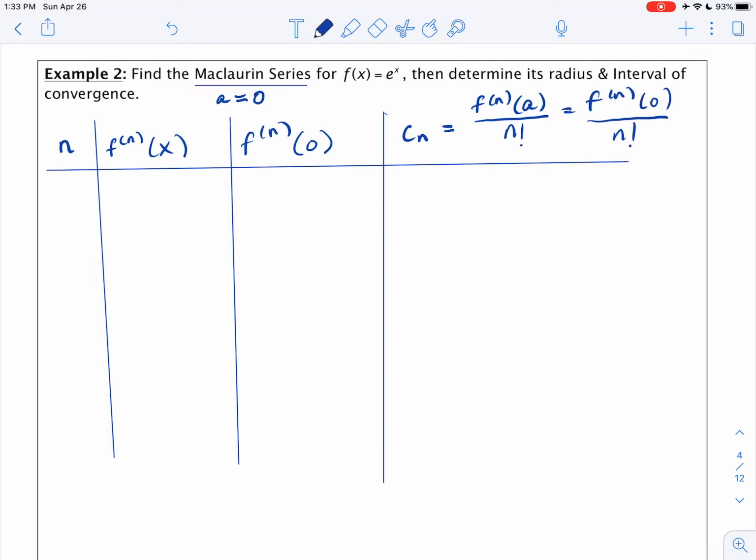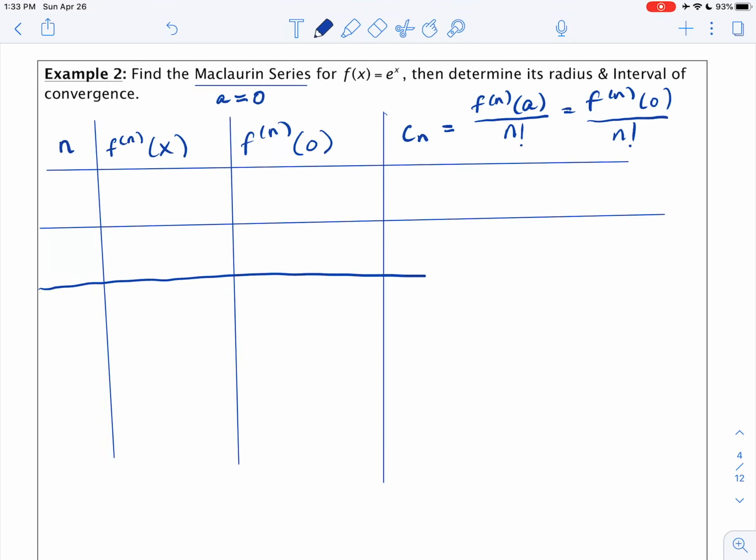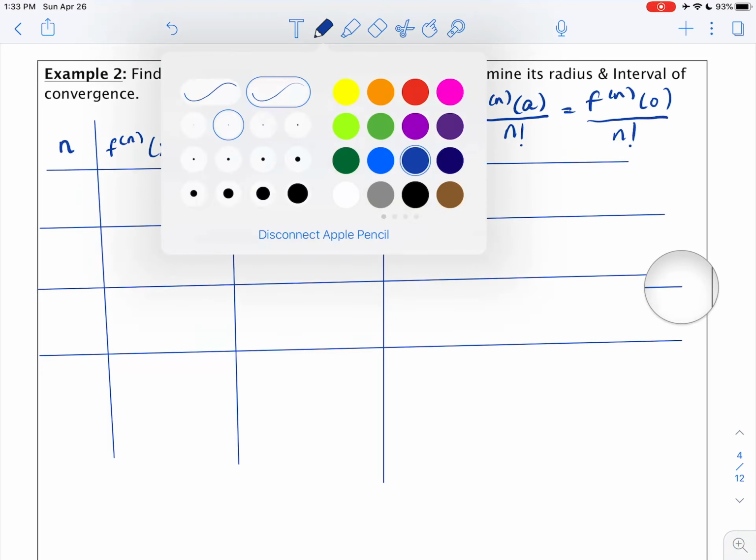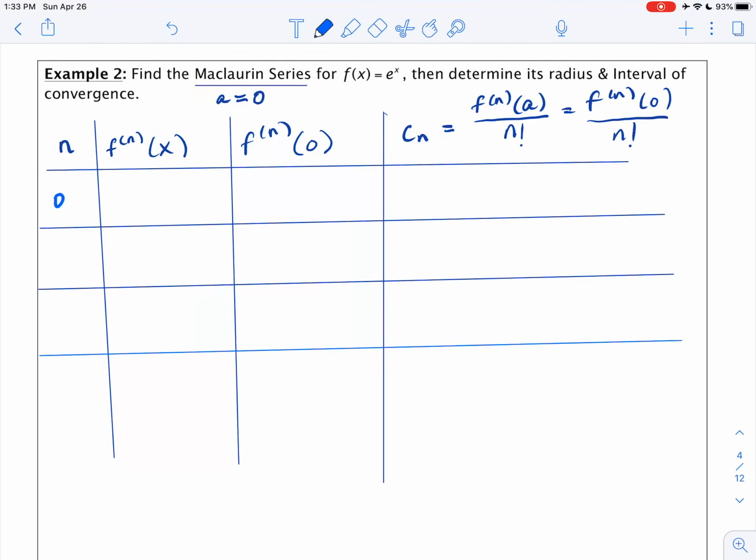So in this case, it's going to be the nth derivative evaluated at 0 over n factorial. We're going to make a couple of these and hopefully establish a pattern, and then we will form a series around a equal to 0 for e to the x.